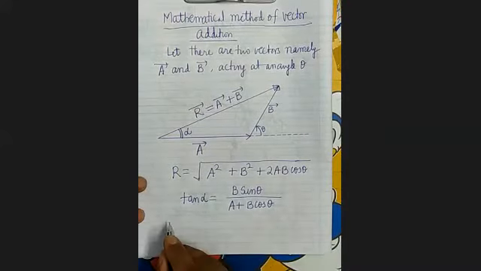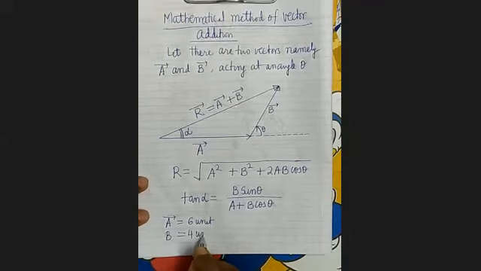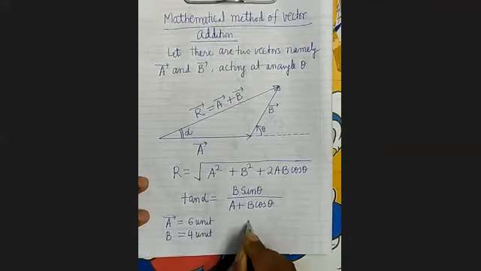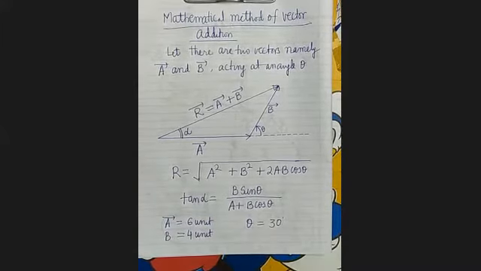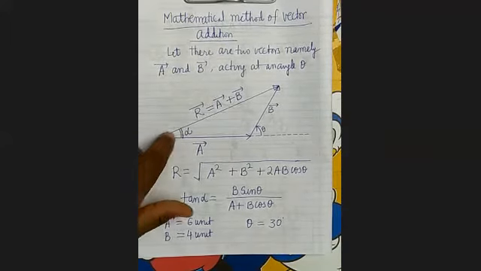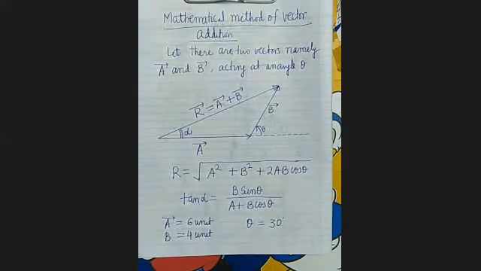So I am giving one example. Suppose there is one vector of 6 unit length and another vector of 4 unit length, and suppose they are acting at an angle of 30 degrees. You can do this question by the geometrical procedure and determine the resultant vector and the direction alpha.